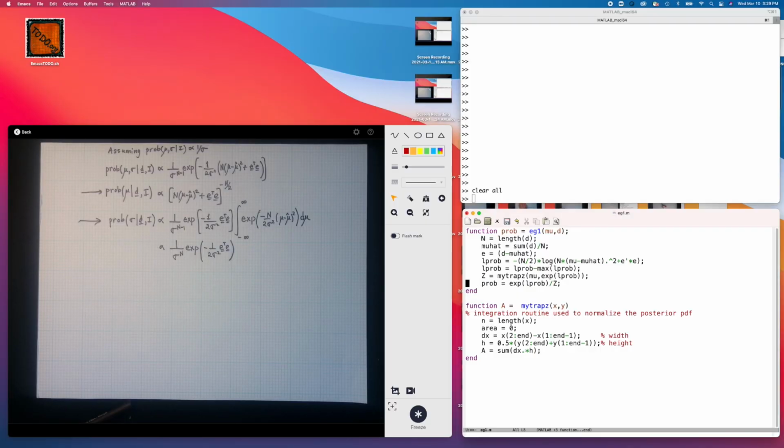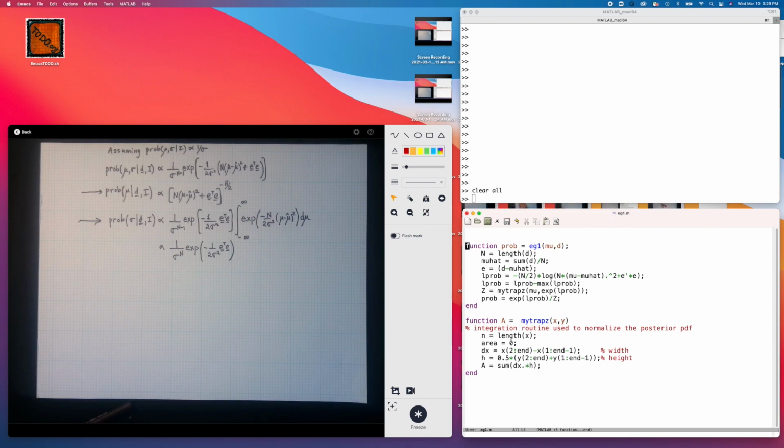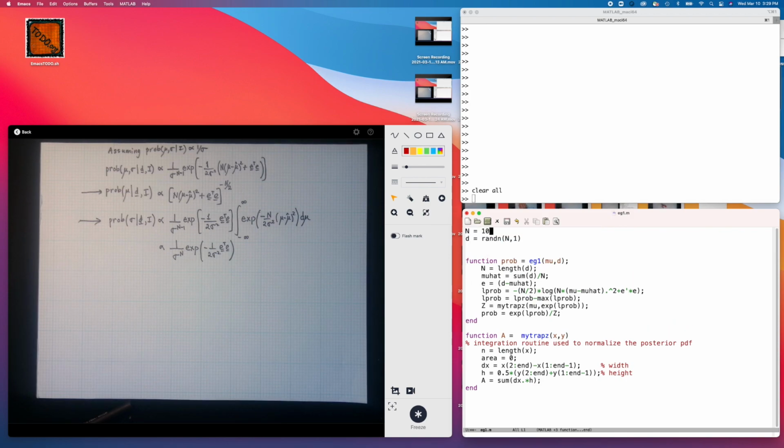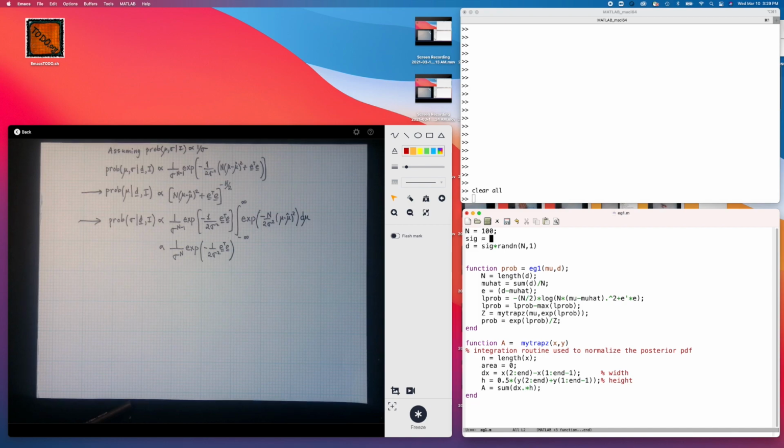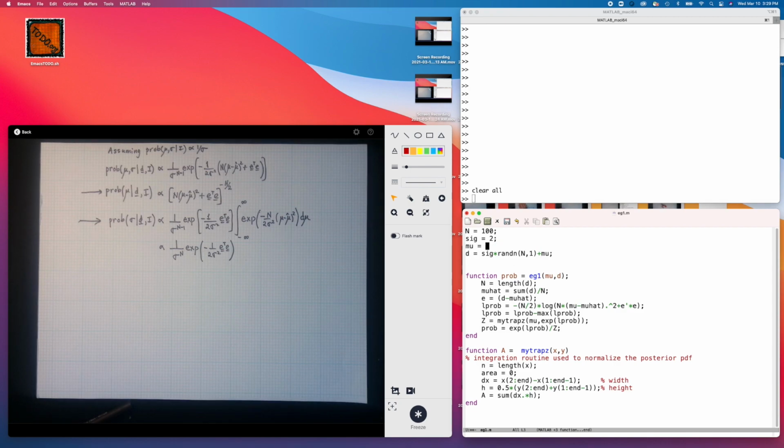But let's evaluate it. So first thing I'll do is create a data set. Let's say we have 100 data points, and let's suppose that the standard deviation is 2, and that the mean is 4, for example. So here I should put mu. I should get data that are normally distributed about a mean of mu and a variance of 4, sigma squared.